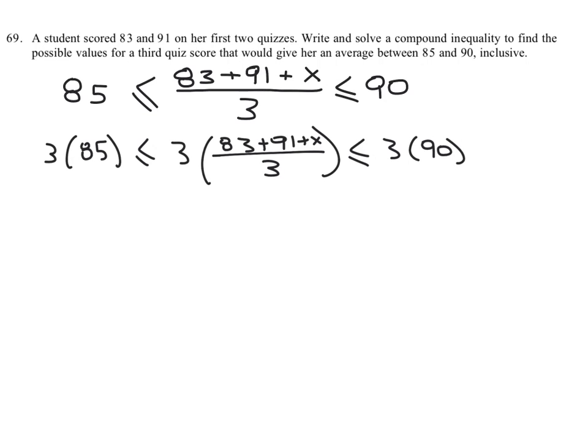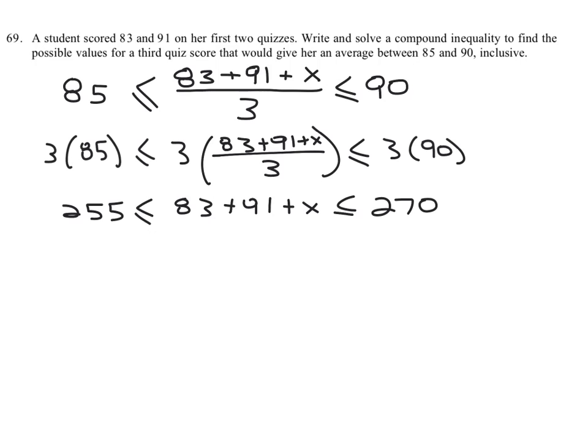Okay? Now, this divided by 3 and this times 3 will cancel out. Okay? And that's kind of the point of this, is to undo that. So we say 3 times 85 is 255. It's less than or equal to 83 plus 91 plus x, which is less than or equal to 270.